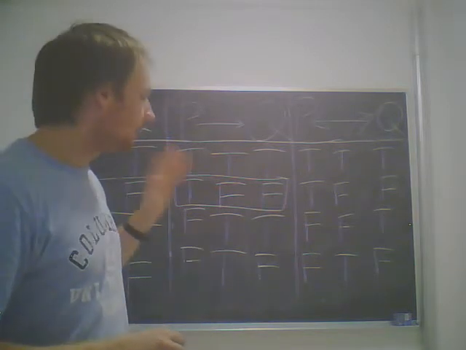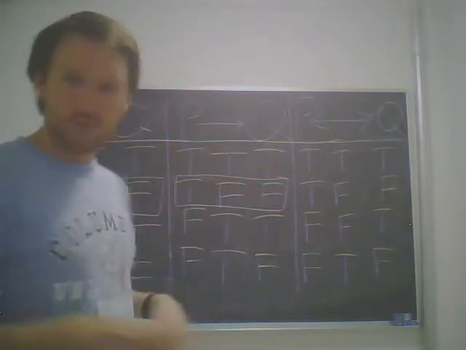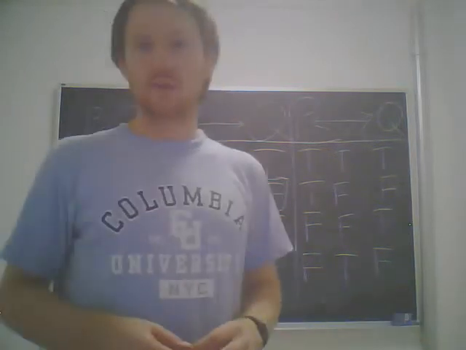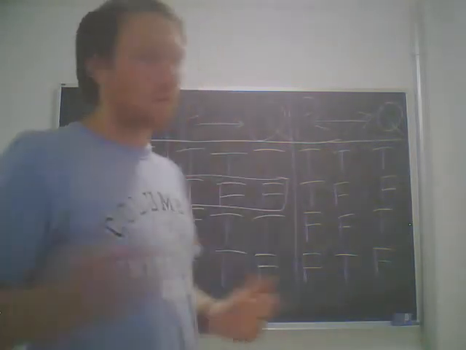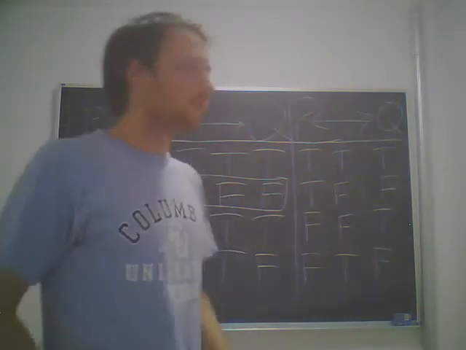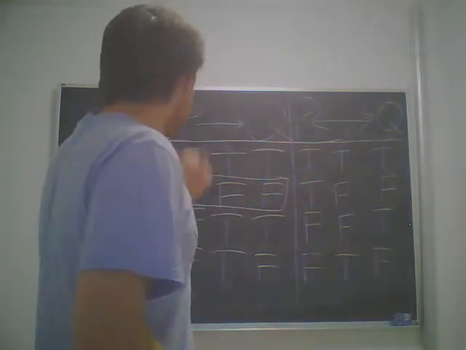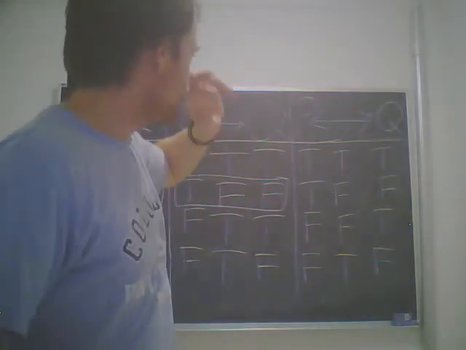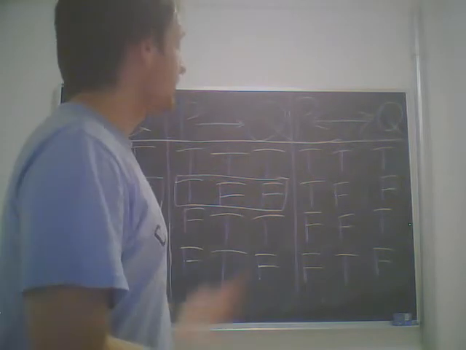So that exhausts all of the standard truth functional connectives. There are more, but they're almost never used. And there are other symbols that often represent the truth functional connectives. There's a lot of them.